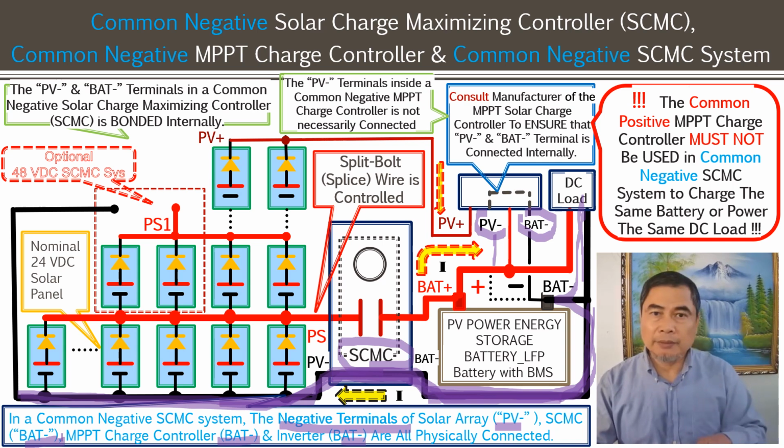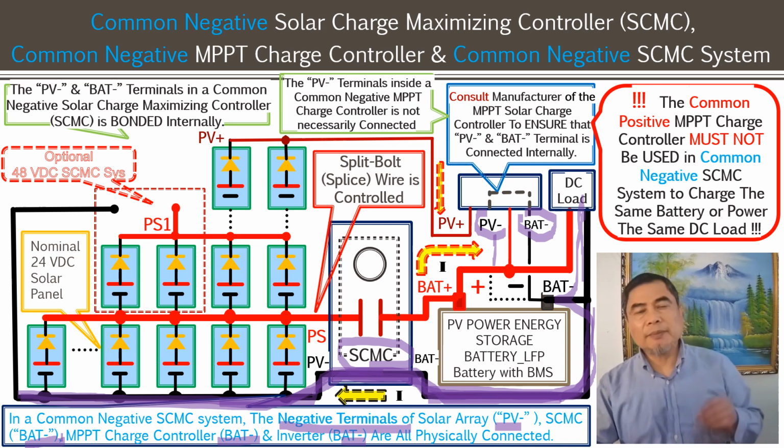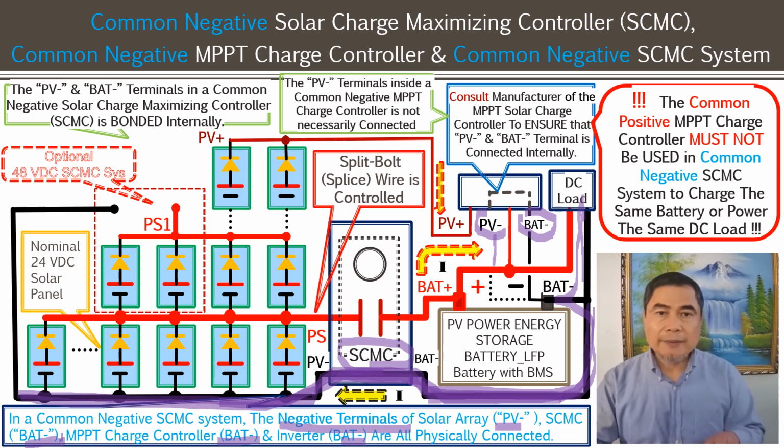We're going to talk about that later, but make sure that you know how to figure out what is common negative and common positive. We just mentioned that you check continuity. However, sometimes you have the solar array connected and the battery already connected to the MPPT solar charge controller. Everything's already connected.